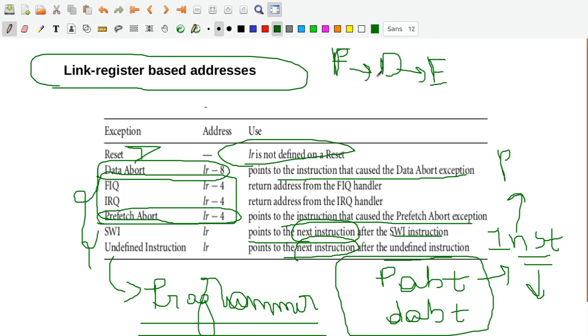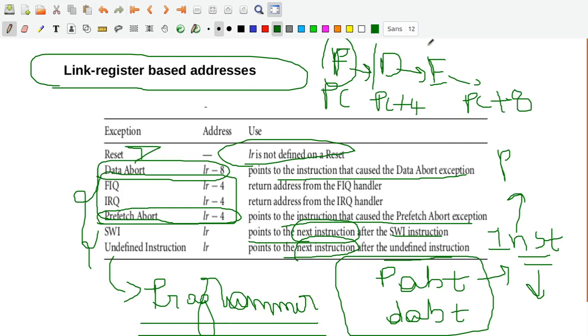So fetch to decode. Prefetch means fetching the instruction, which happens before it goes for decoding. At the decoding stage the PC is PC plus 4, and at the executing stage you have PC plus 8.